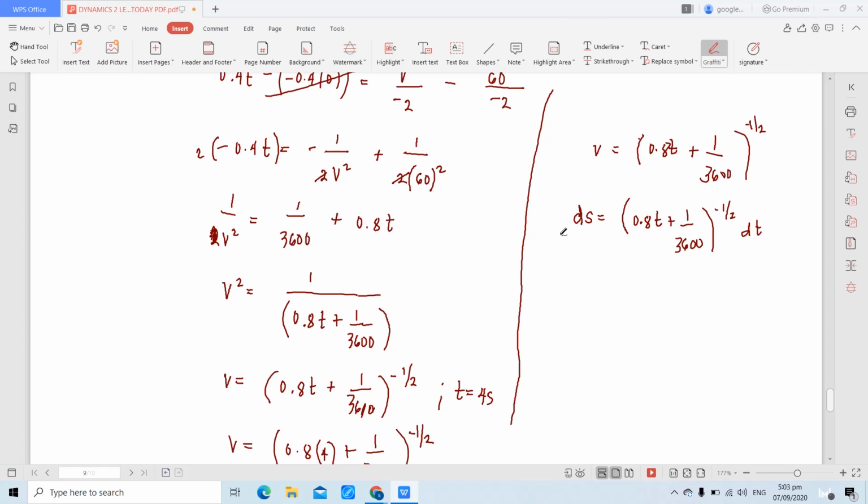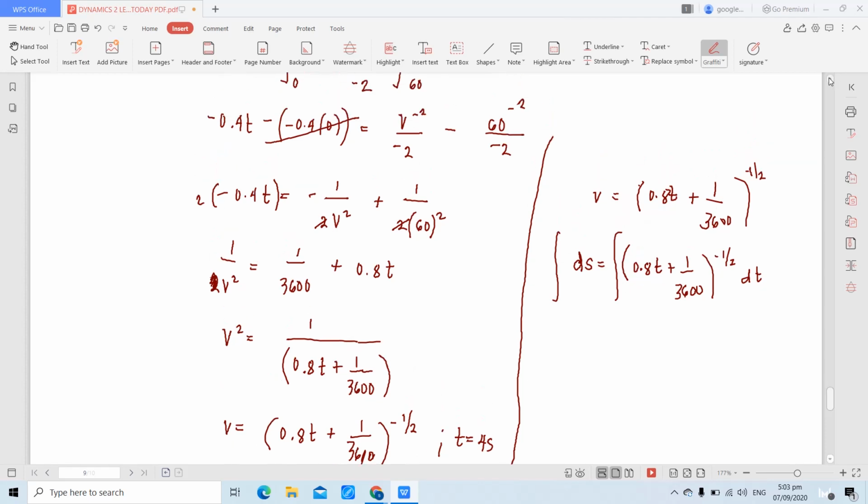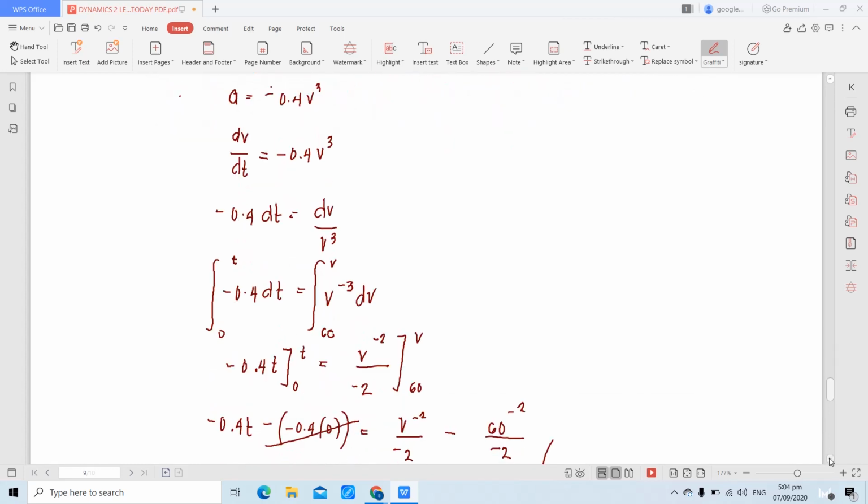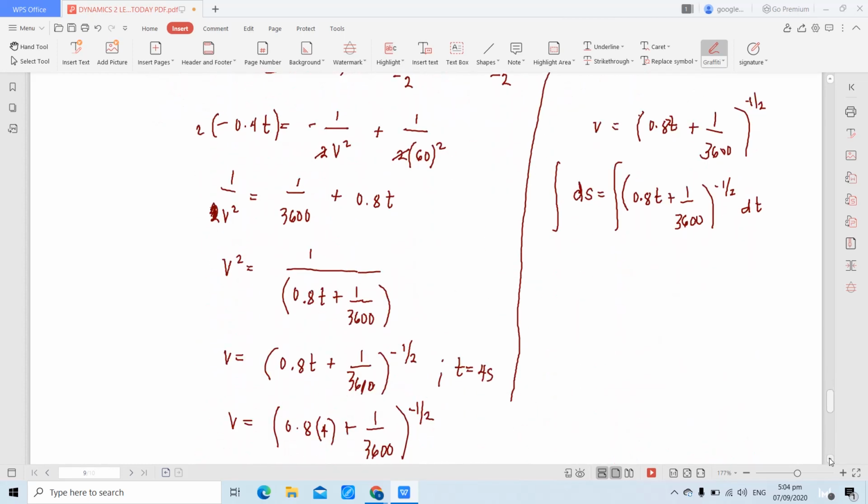Okay, so you are now ready to integrate, guys. Ito yung dinagdag natin kanina, which is included in the problem. When the value of time is 0, the position is 0. And that is our initial parameter.